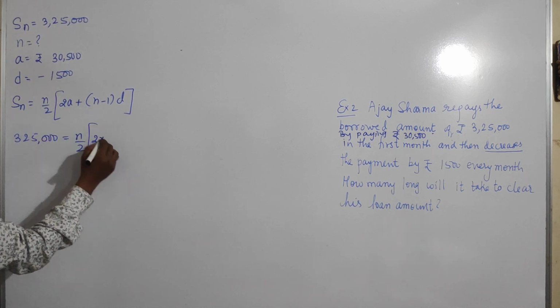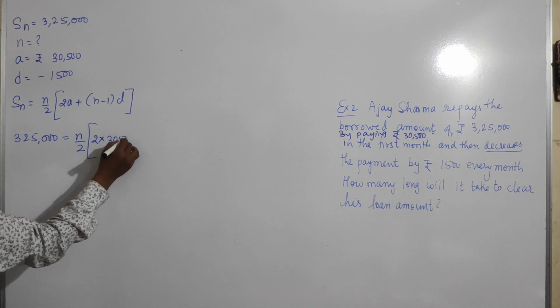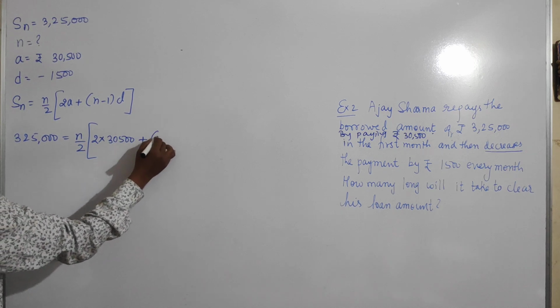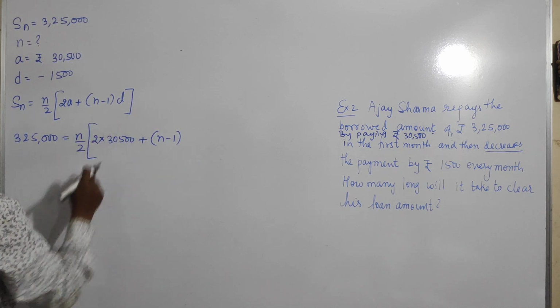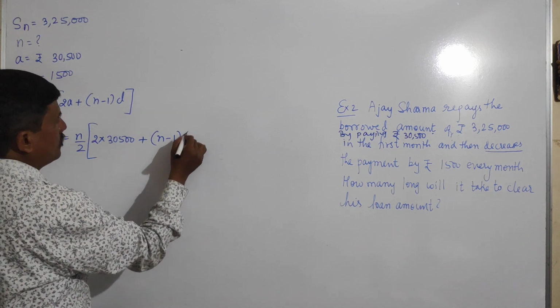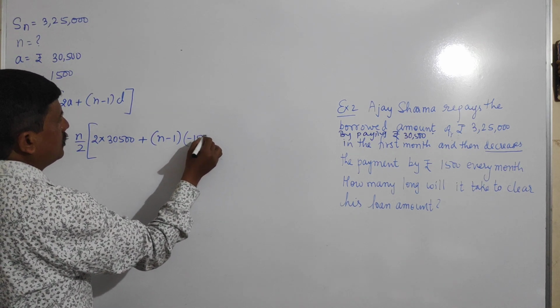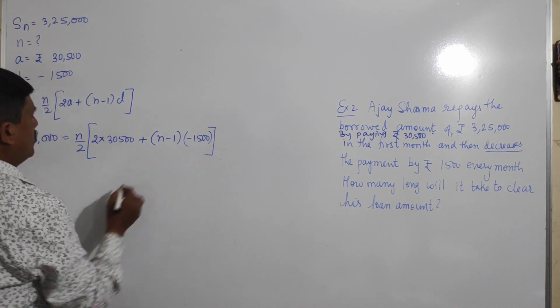What is the value of A? 30,500 plus (N minus 1). What is the value of D? Minus 1,500.